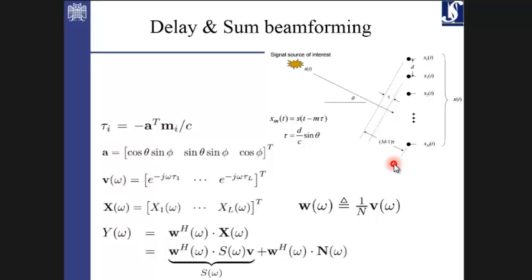This is the completely reverse order of what we had here. Here you have a SIMO system, single input, multiple output. Here you have a MISO system, multiple input, single output. So W as a filter should be applied here. In the frequency domain, filtering is multiplication.